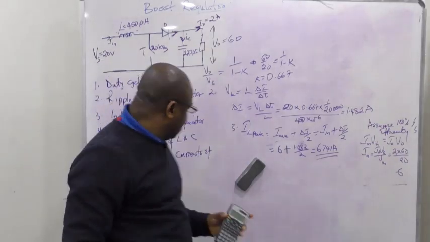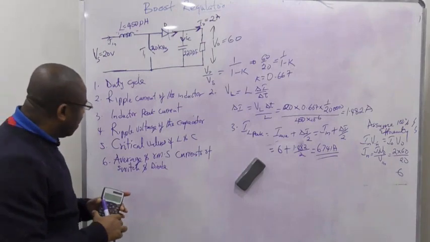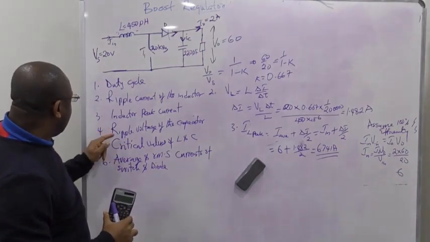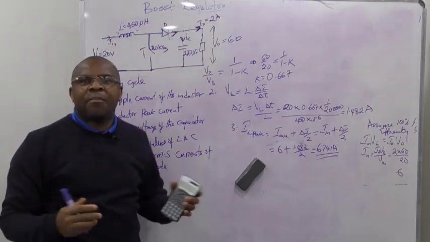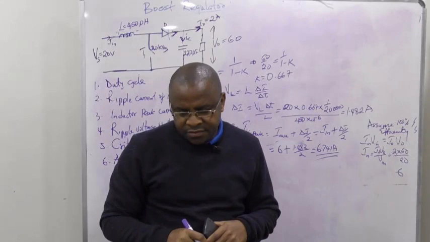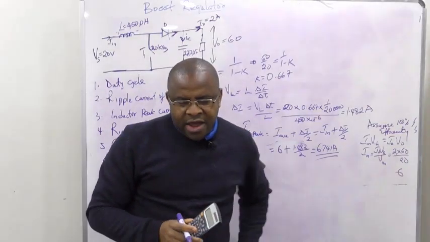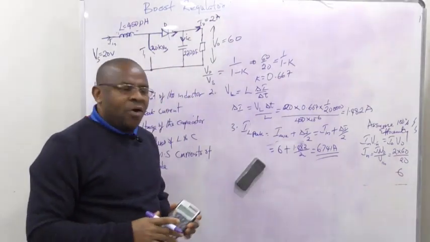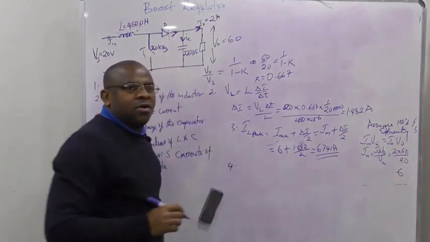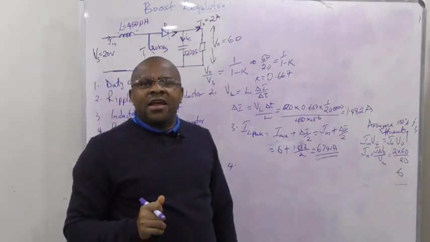The next question is to calculate the ripple voltage of the capacitor. The capacitor ripple voltage. Okay, so now what do you do in that case? Number 4. What is the current?